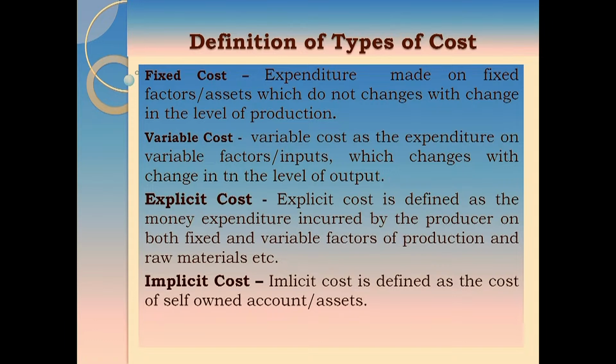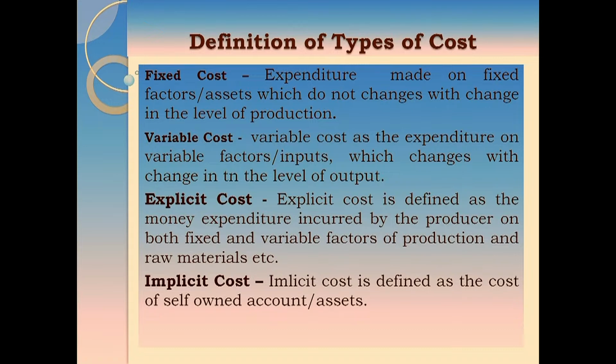You see, with example, under fixed cost, what we see that factors, assets which do not change with the change in the level of production. Variable cost changes with the change in the level of production. Next, explicit cost.